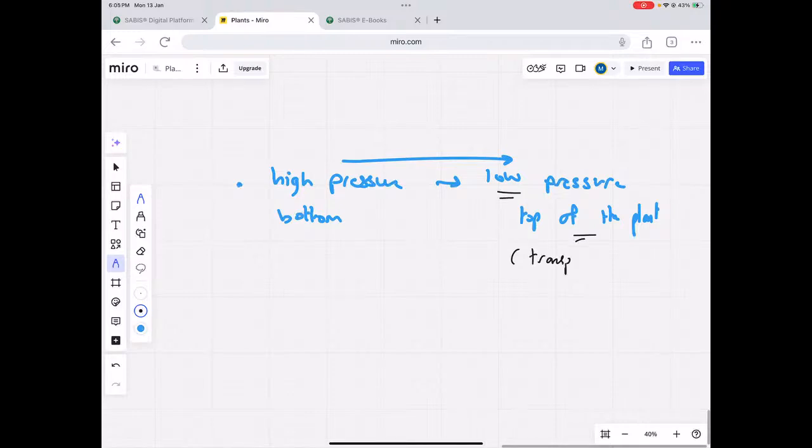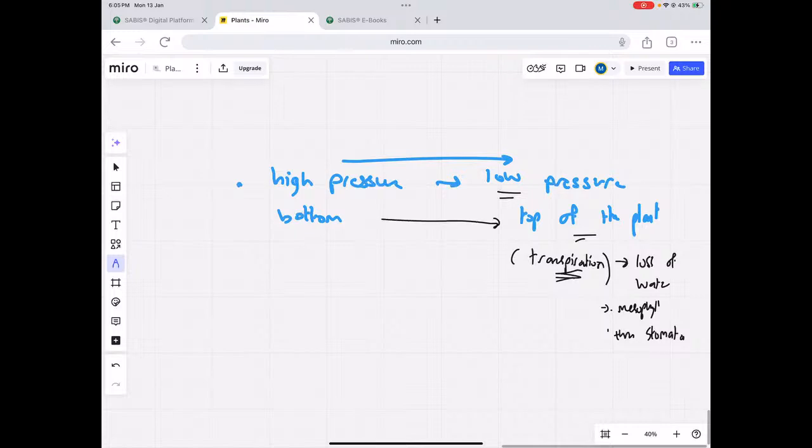Transpiration. And we already explained what transpiration is. Transpiration is the loss of water, either from the mesophyll cells or as water vapor through the stomata. Now, since transpiration is causing this difference in pressure, what pulls the water up?